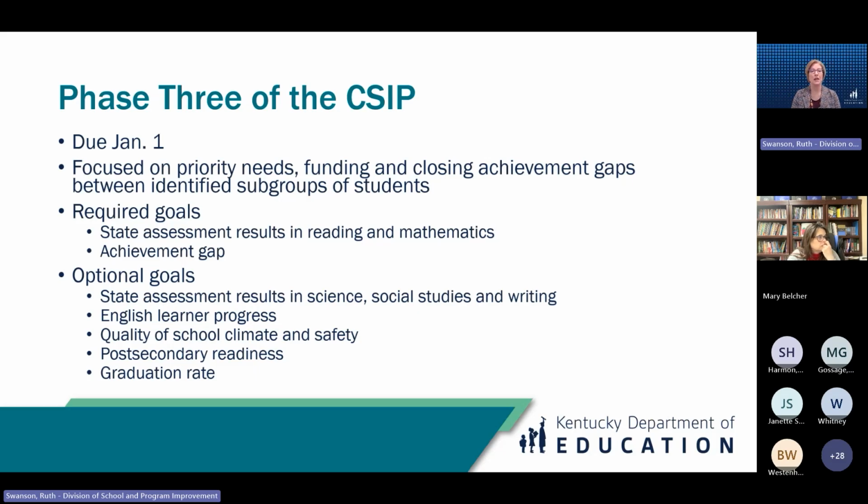So that may be an optional goal that they're also going to add for their CSIP. So there's the 2 required goal areas, and then according to needs assessment, there are some optional goals that might be chosen. And those can be from any of the other indicators in the state assessment process.